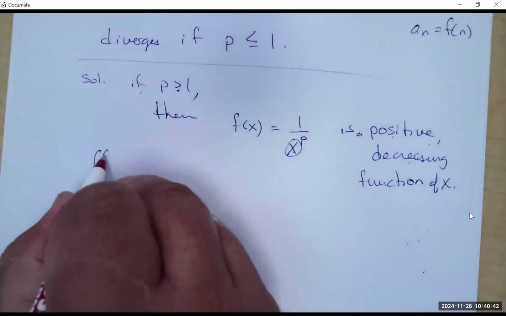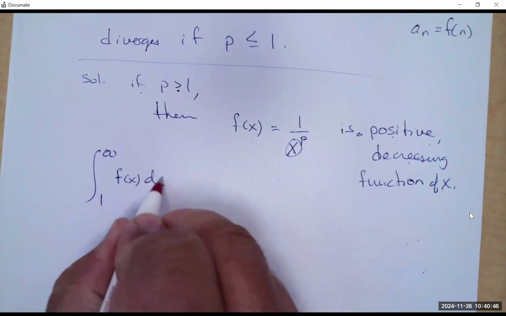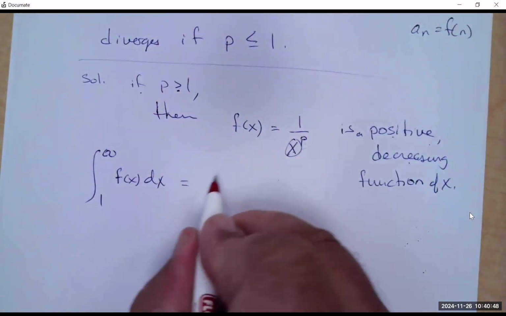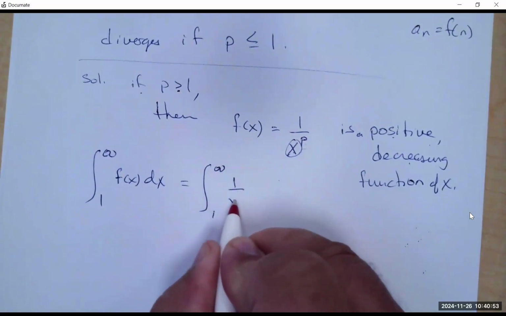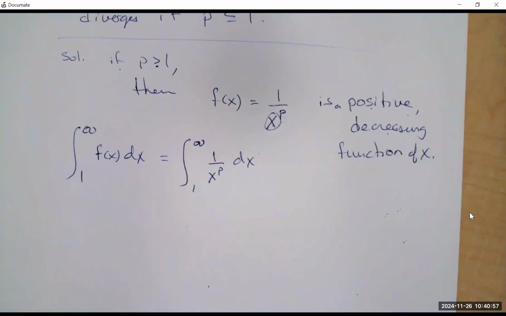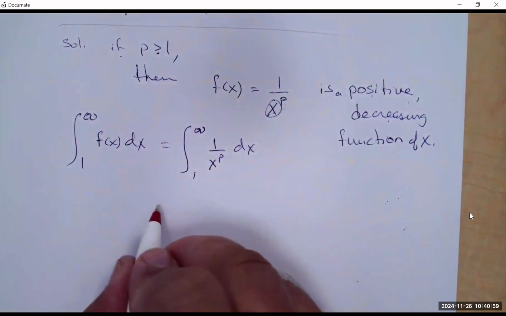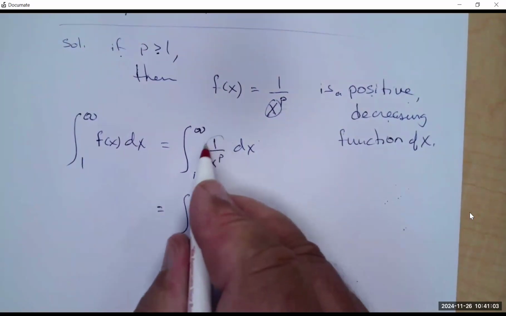So we can go from 1 to infinity of our function f of x dx, which is equal to the integral from 1 to infinity of 1 over x to the p dx. So let's do the integral. How can we rewrite this?